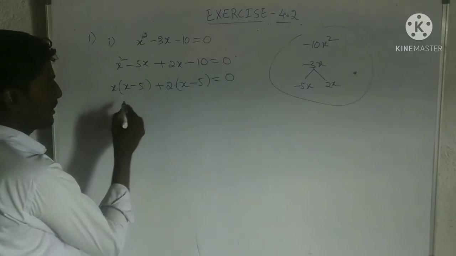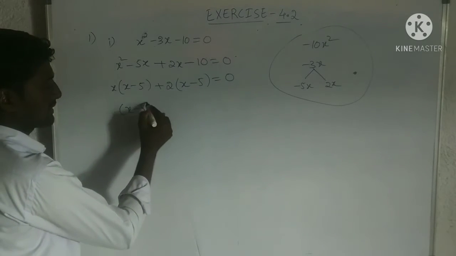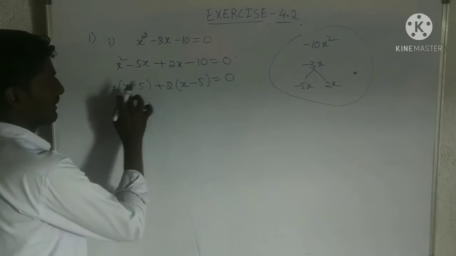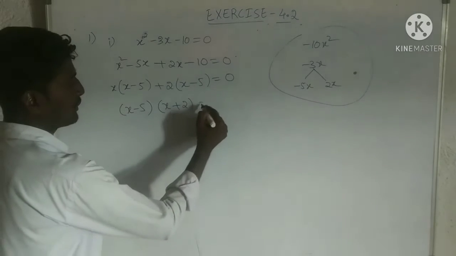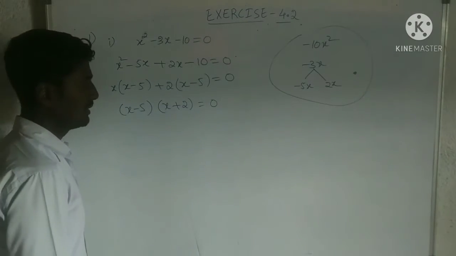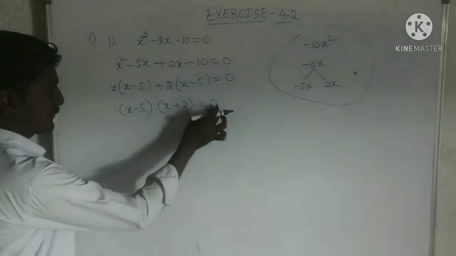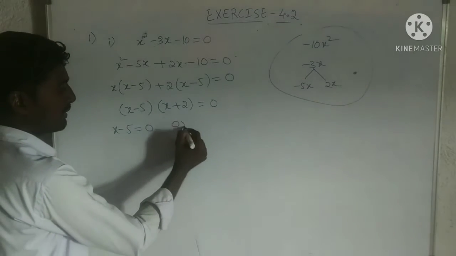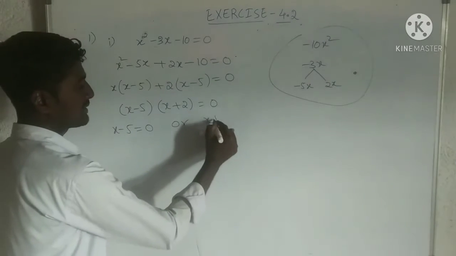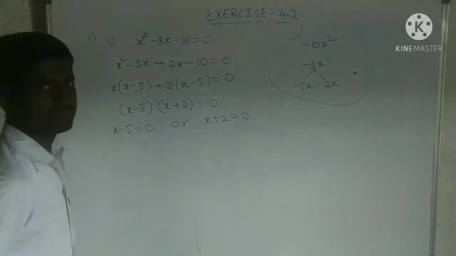In these two terms, common is x minus 5, then x plus 2 is equal to 0. Now x minus 5 is equal to 0, same procedure. x minus 5 equal to 0 or x plus 2 is equal to 0.